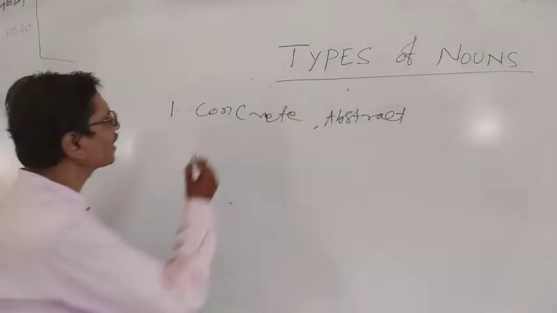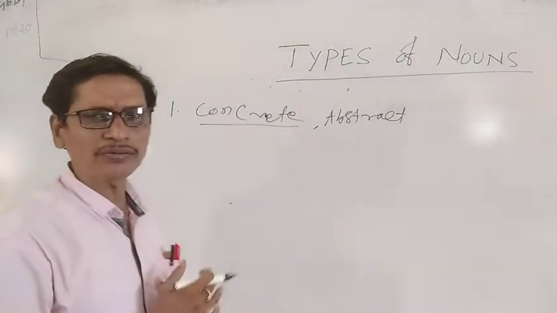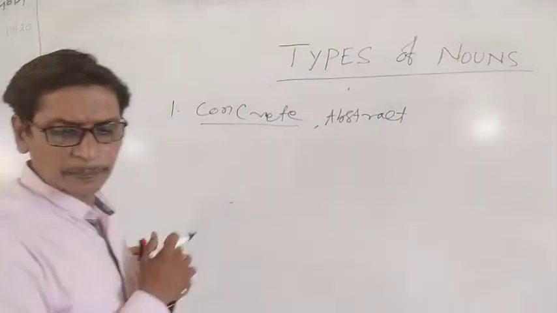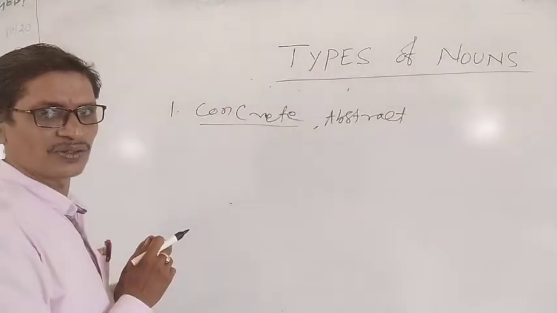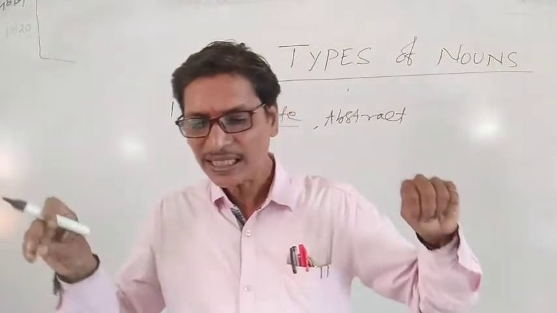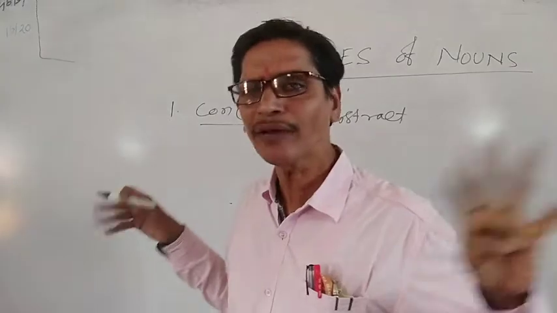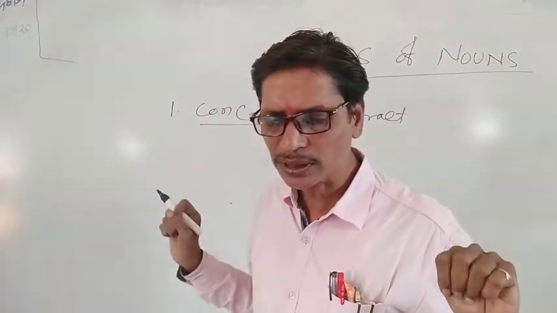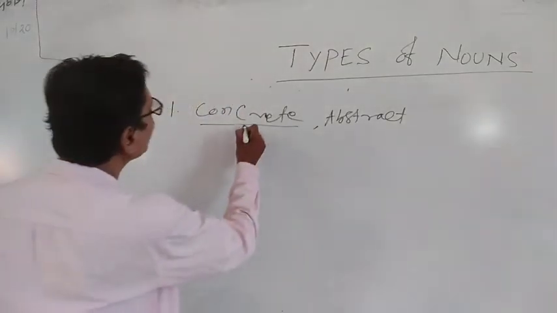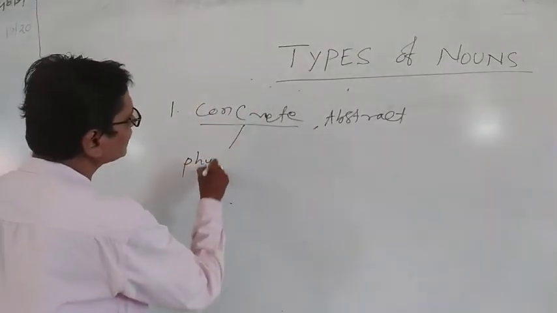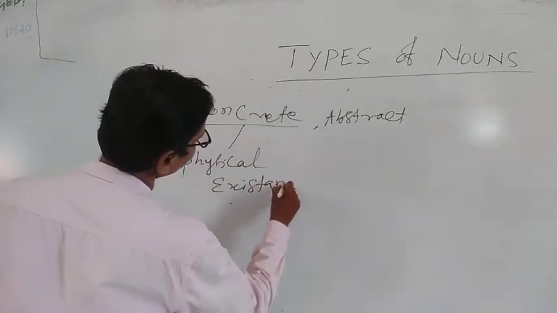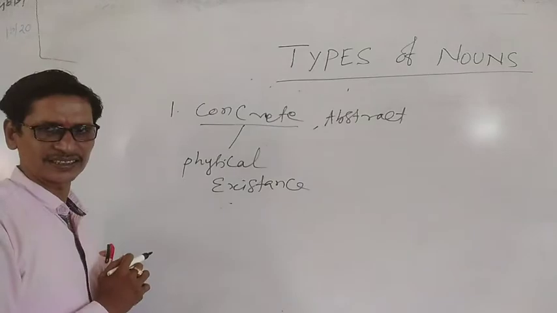When we talk about a concrete noun, what does it mean? Nouns which have a physical appearance, which we can see, touch and feel, are called concrete nouns. So they have physical existence.